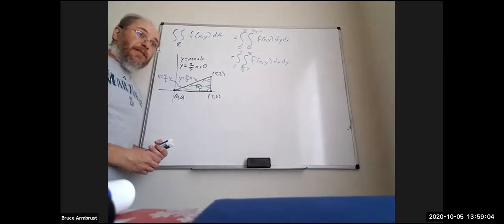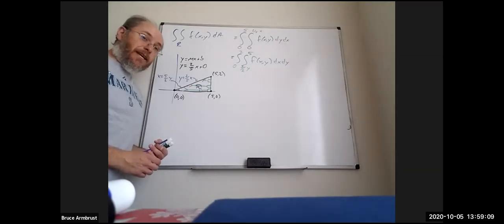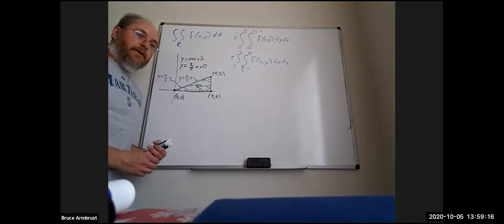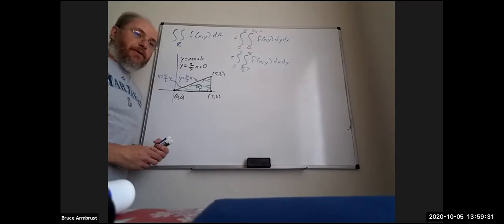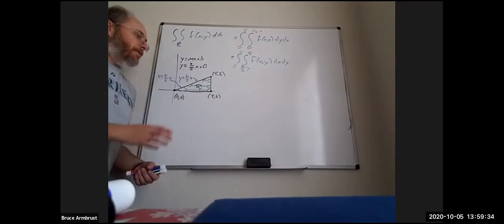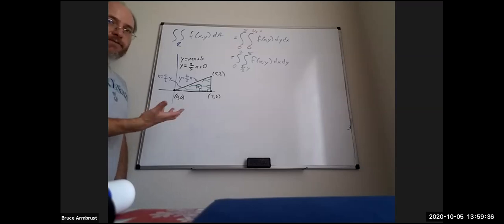When you get into those weird situations where the region is suggesting one way and the function's suggesting the other way, the function wins. The function always wins. So if you've got a function that can be integrated one way but not the other, you do it, right? Go back to my statement about mathematicians. We do things because we can, regardless if they're hard, right? Well, if there's a way that can be done and the other one can't, you go that way. All right, well, anyway, so there's a triangular region.